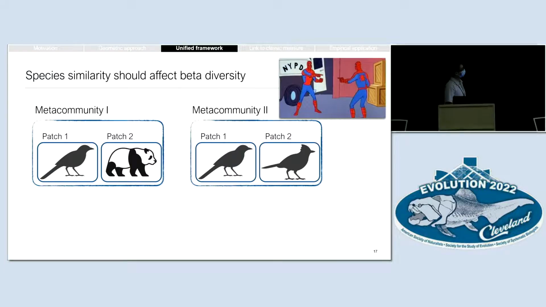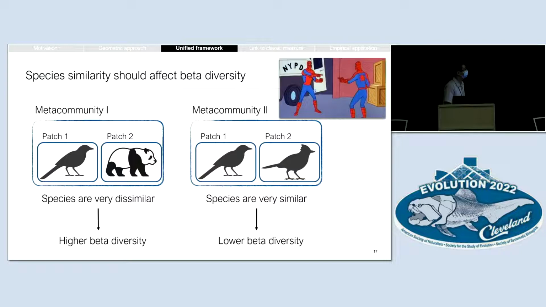In another metacommunity, we have in patch 1 a bird, and in patch 2 another bird from the same family, for example. Then clearly in metacommunity 1, species are very dissimilar, for example, in their genetics. So we should expect a higher biodiversity in metacommunity 1. Correspondingly, in metacommunity 2, species are very similar, so we should assign lower biodiversity to this community.